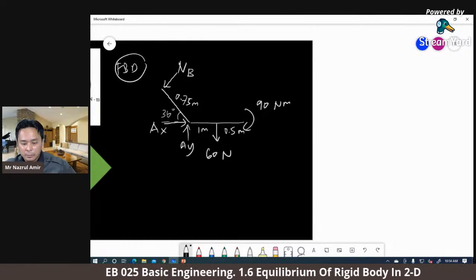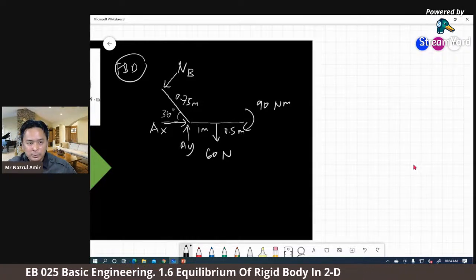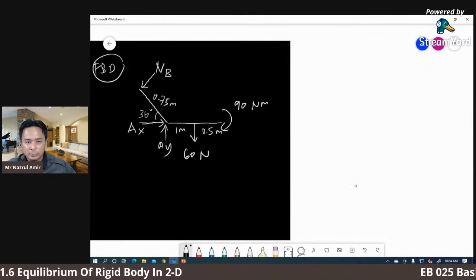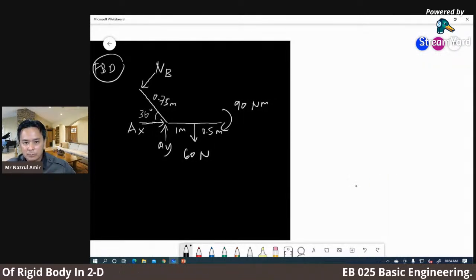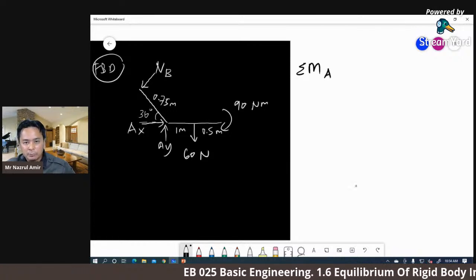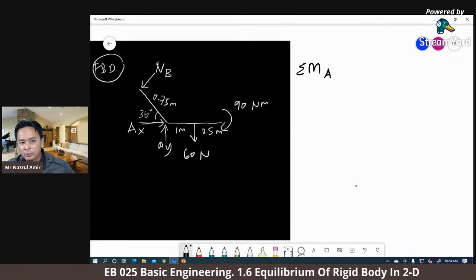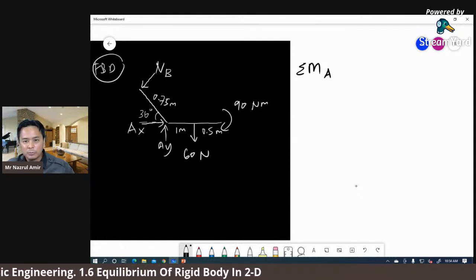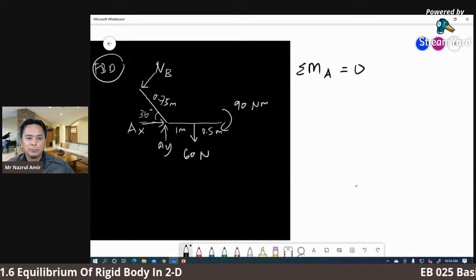To make it fast, let us do the summation of moment first for the equation. Okay, we start with summation of moment at point A. Because point A has two unknown that going to be eliminated. Okay, so summation moment at A equal to 0 for equilibrium.